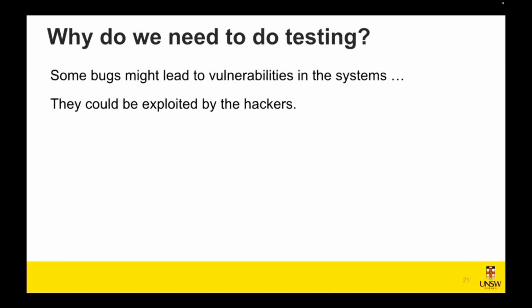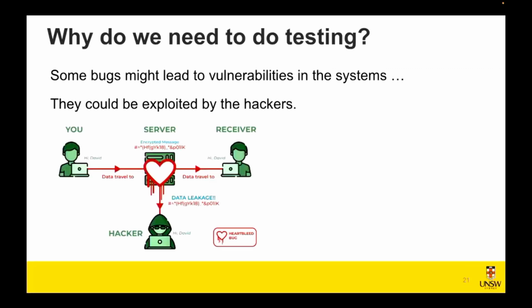Another example is that some bugs might lead to vulnerabilities in systems, and these vulnerabilities could be exploited by hackers. This is a very famous vulnerability, which is called the Heartbleed bug.